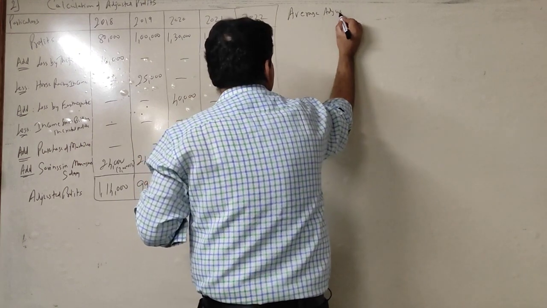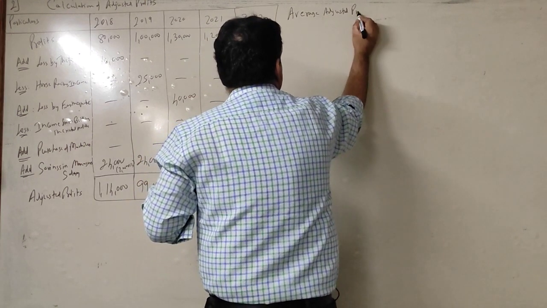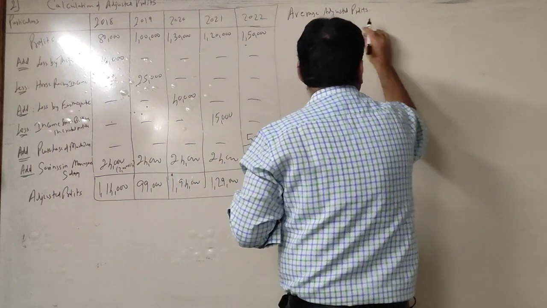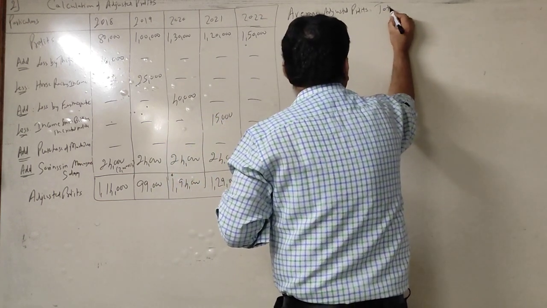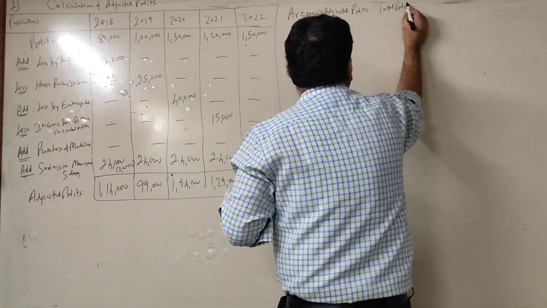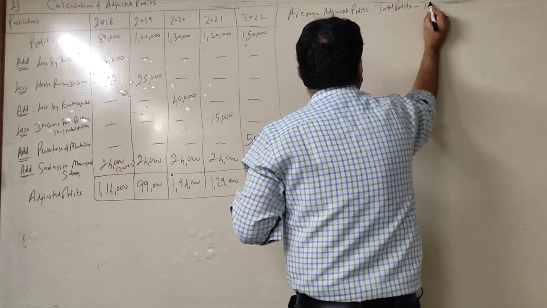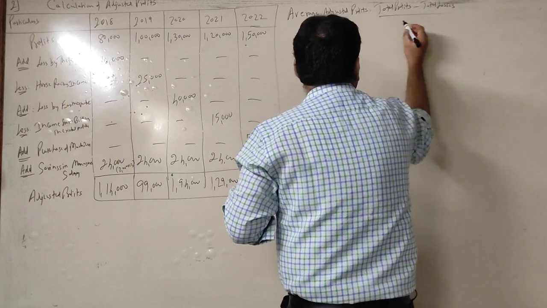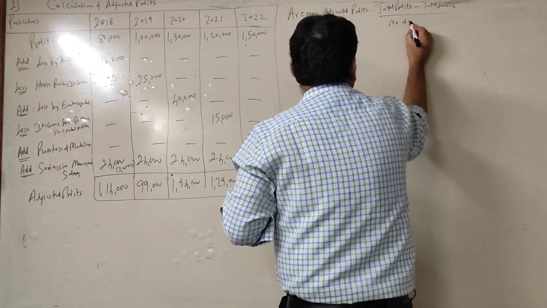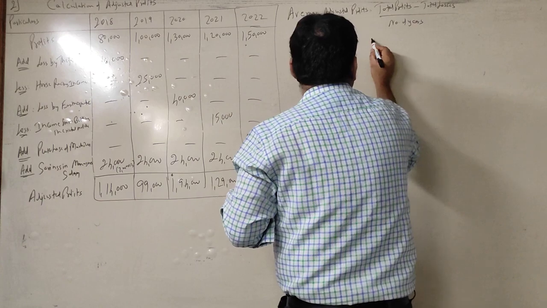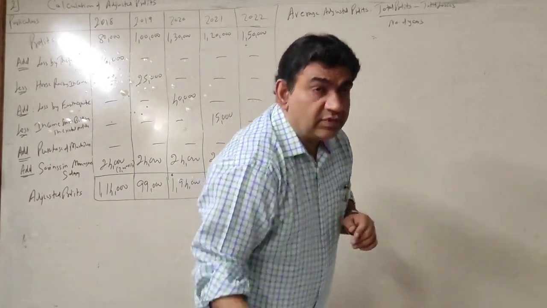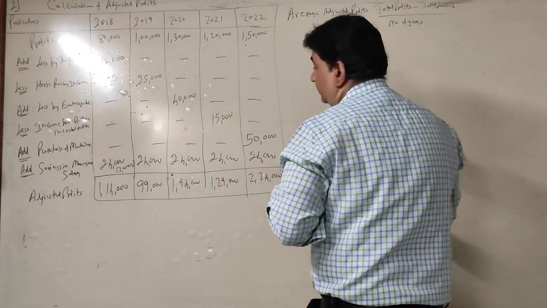Average adjusted profits is equal to total profits minus total losses divided by number of years.